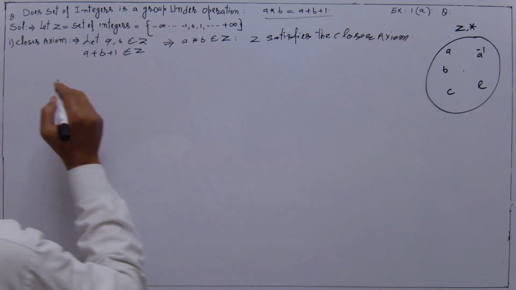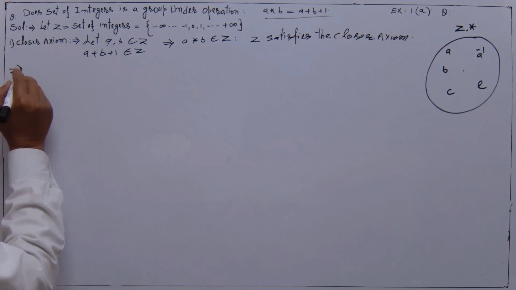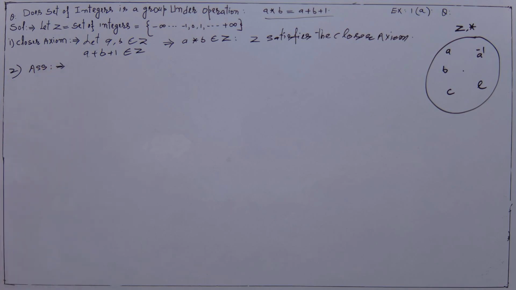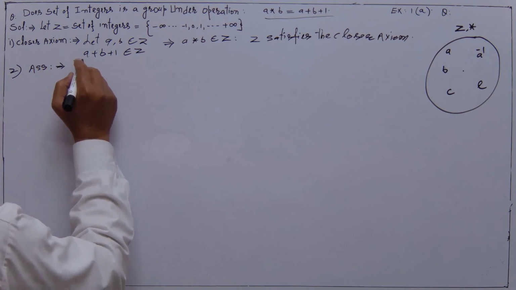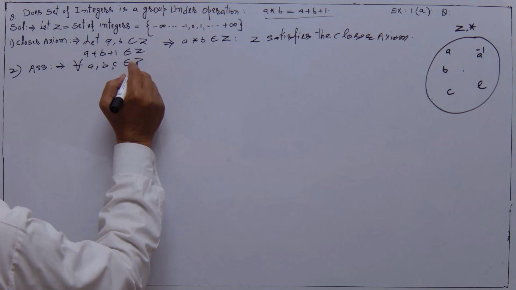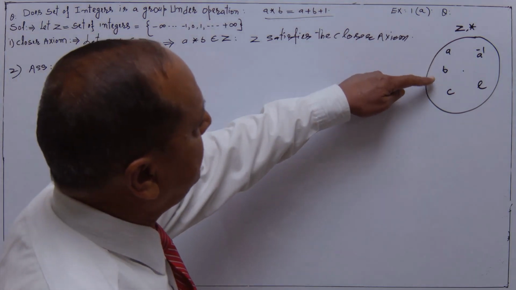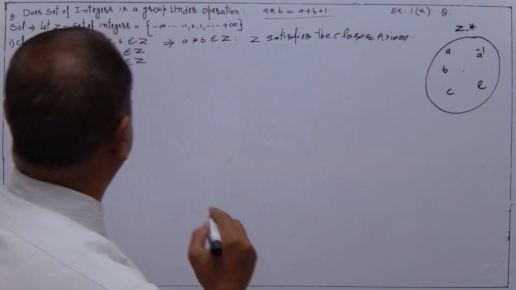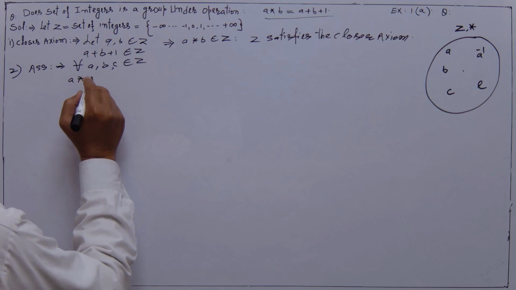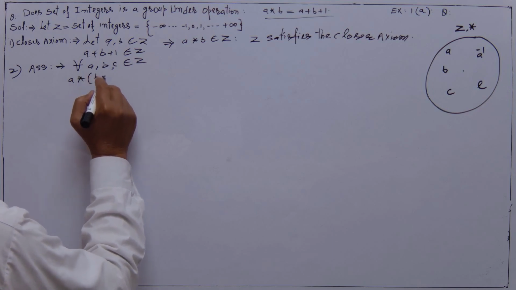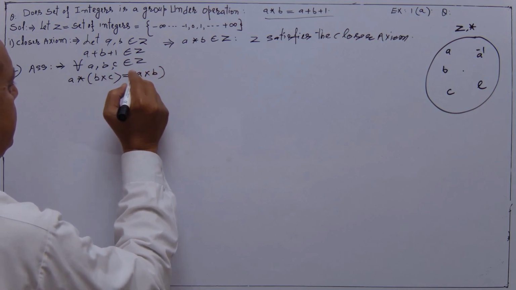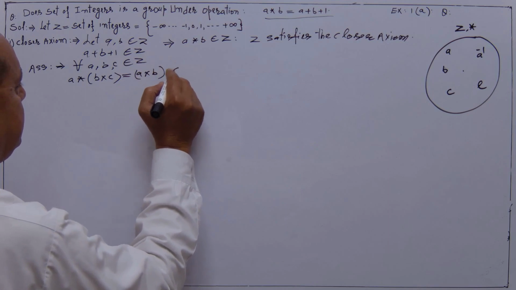Number two axiom is associative. In the associative axiom, for every A, B, C belonging to set Z, (A star B) star C must be equal to A star (B star C).